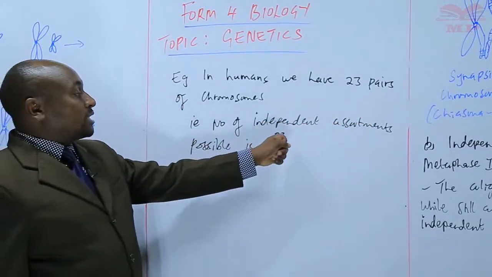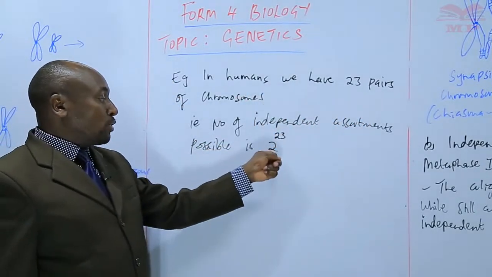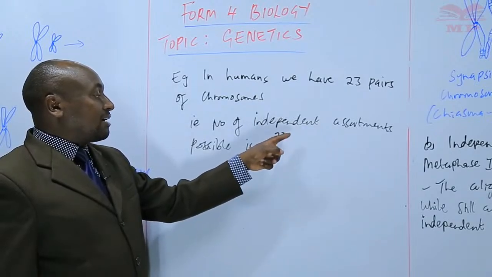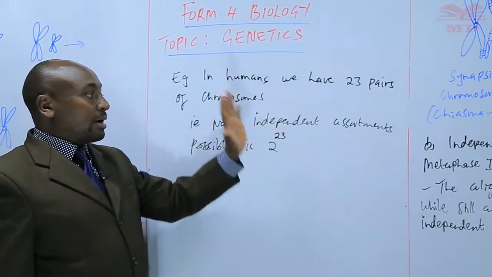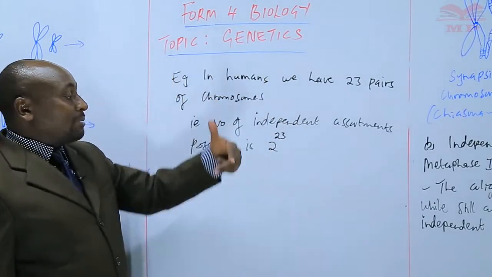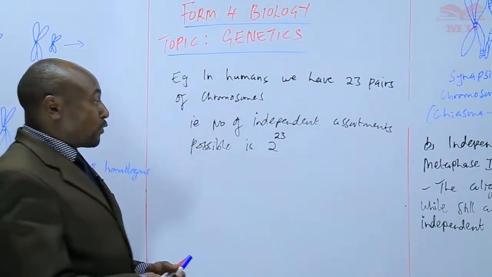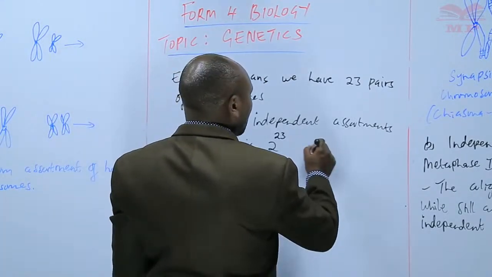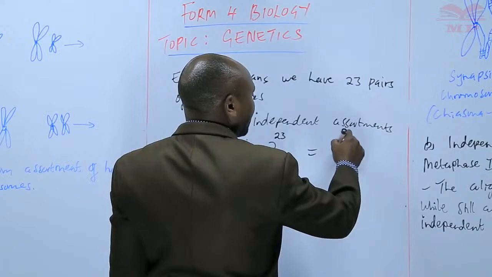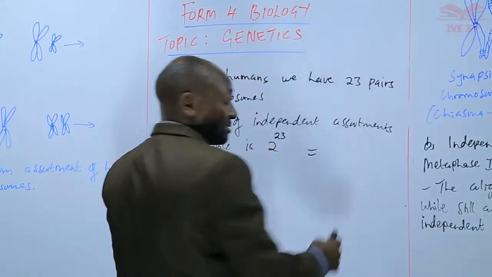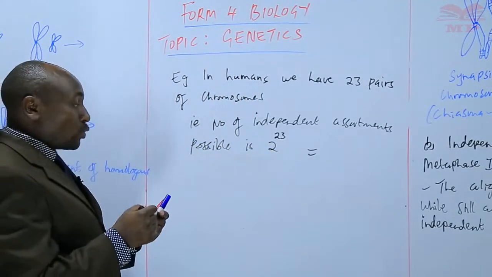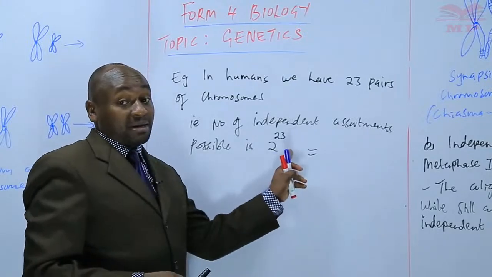So 23 becomes the power. So if you calculate this value, you will get something that is above 8 million number of ways in which this can happen.